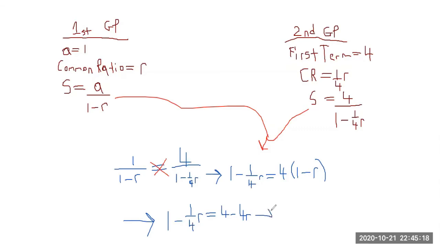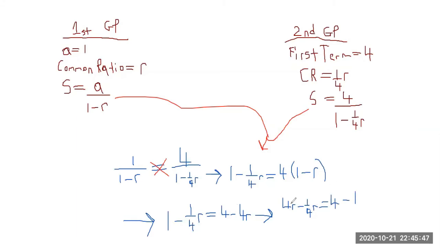And so when we bring over, we can group the numbers on one side. Let's bring over the 1 to here, and bring over the minus 4r to here. So we can write this now as 4r minus a quarter r, and that's equal to, bringing over the 1, 4 minus 1.